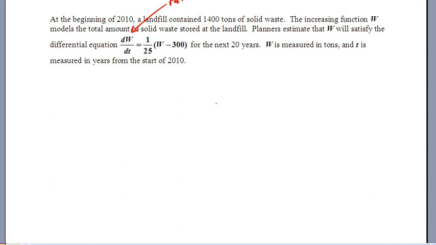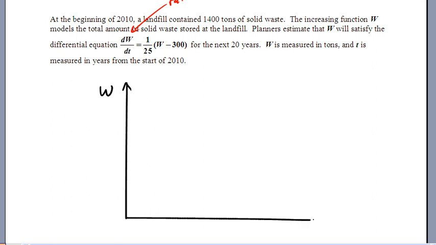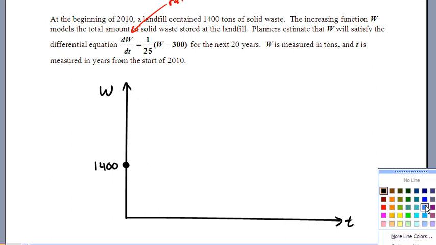I don't know exactly how it's going to unfold, but I'm kind of imagining in my mind that there's a graph out there of waste at the dump and then time going by. And at the beginning, we start off with 1,400, right? So we're up here, 1,400 tons. And then it's going to grow, right? I don't really know, like, how does that graph look?